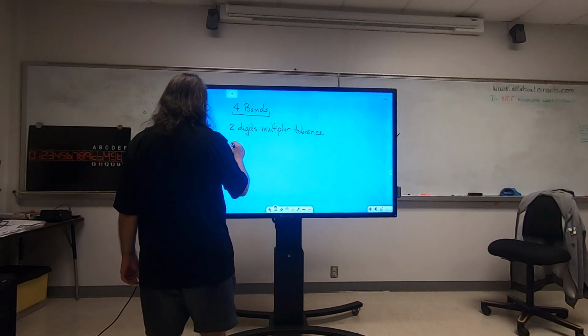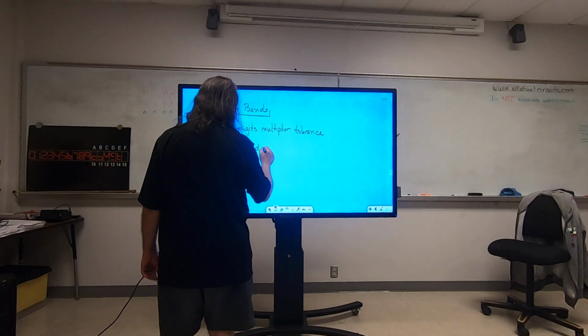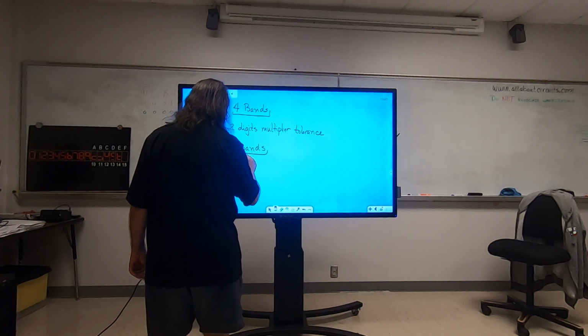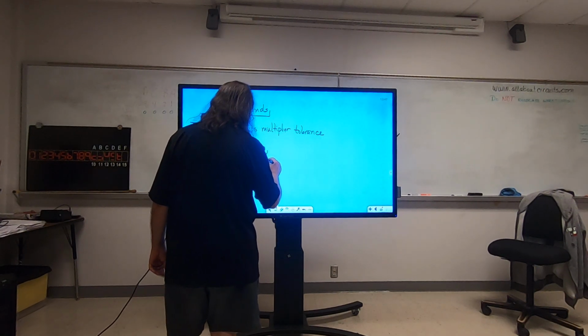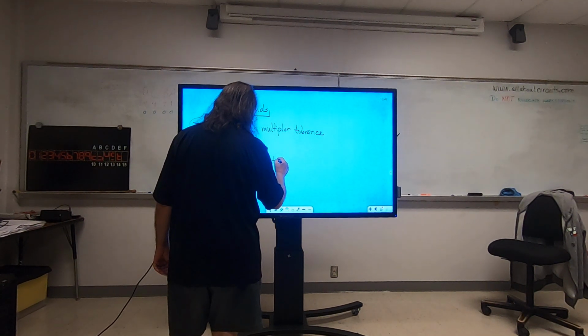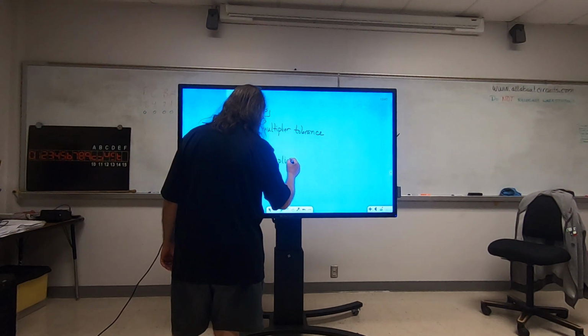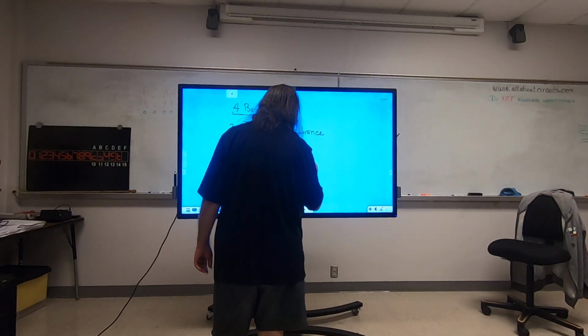And for a 5-band resistor, you have 3 digits, the multiplier, and then the tolerance.